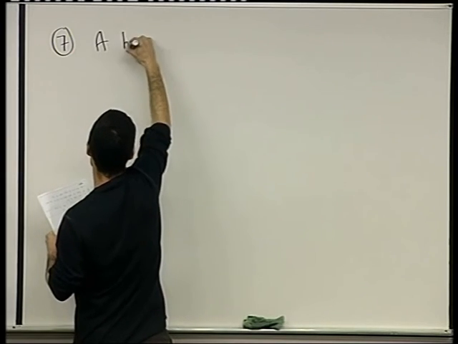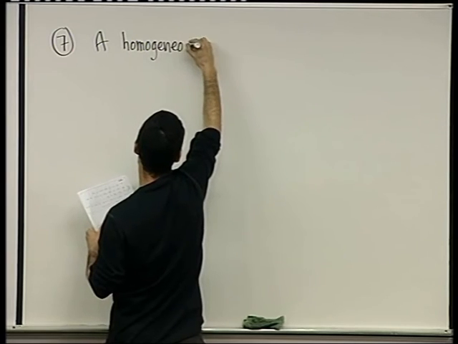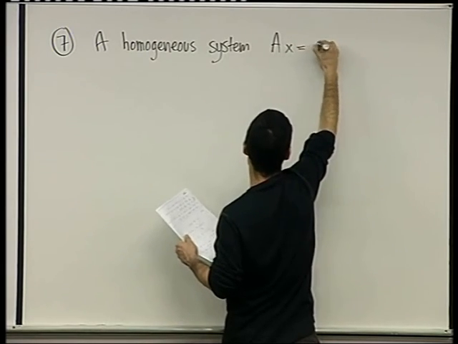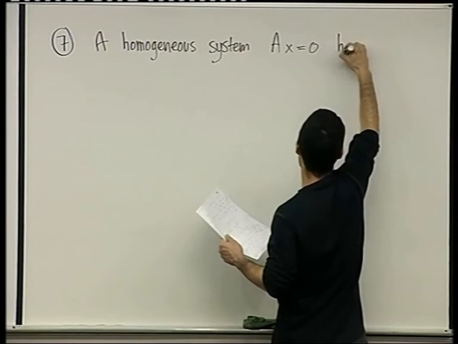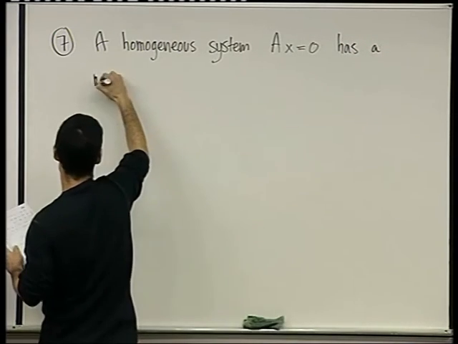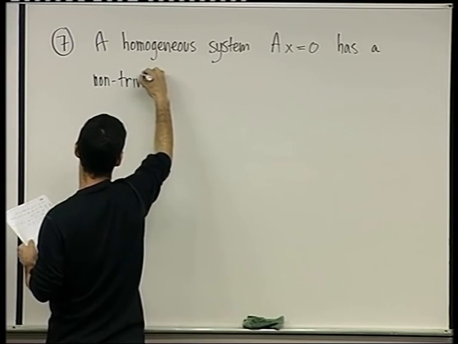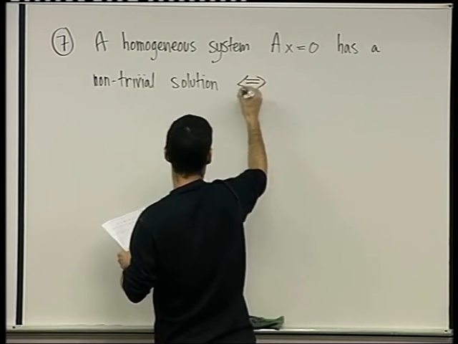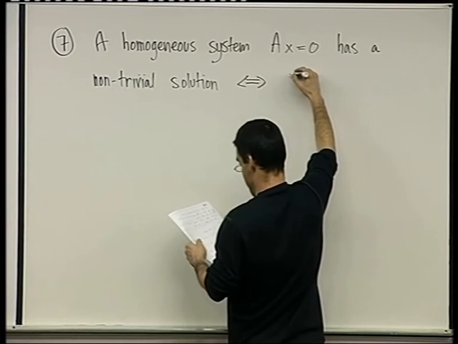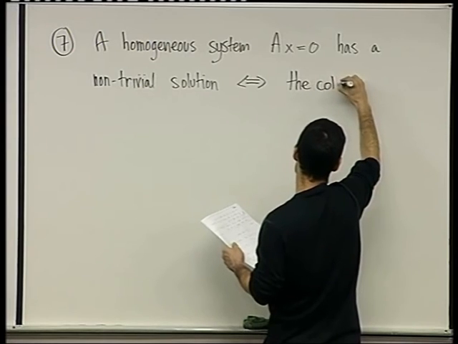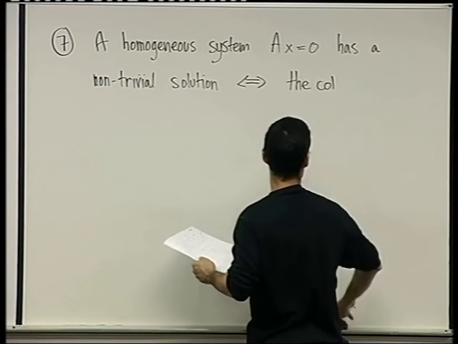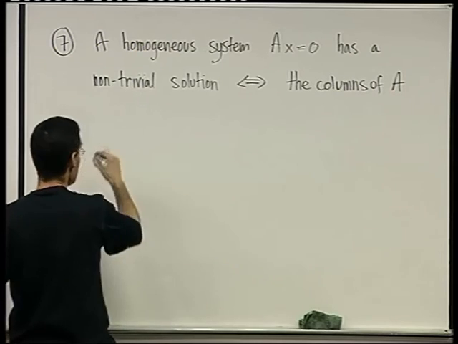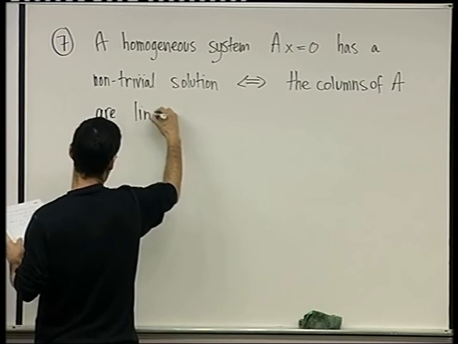A homogeneous system of equations AX equals 0 has a non-trivial solution if and only if the columns of A are linearly dependent.